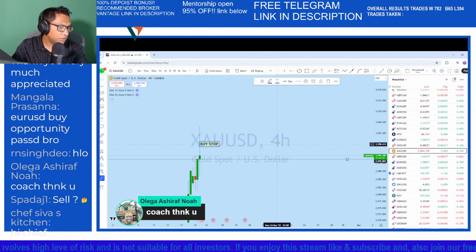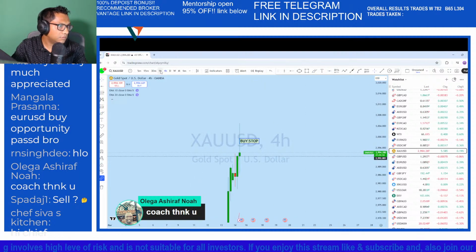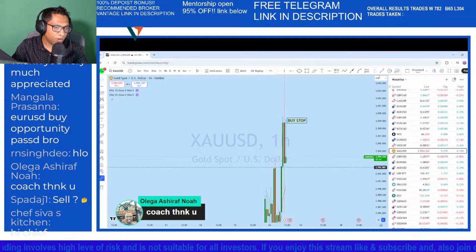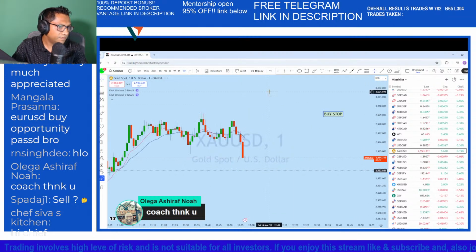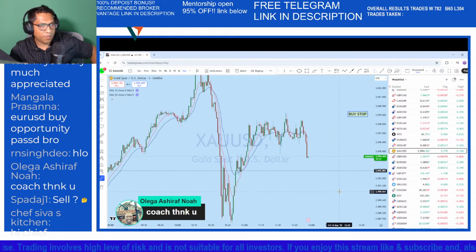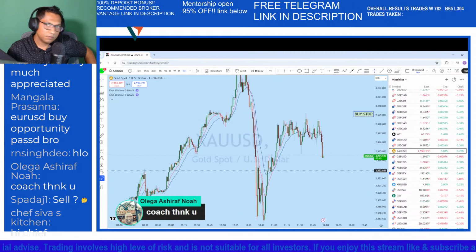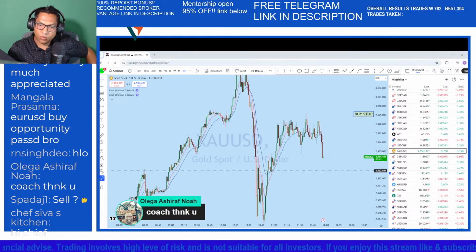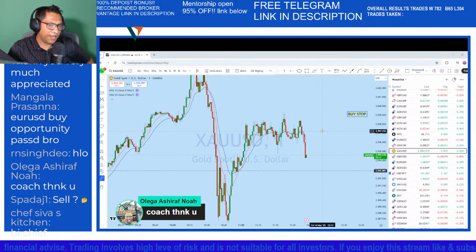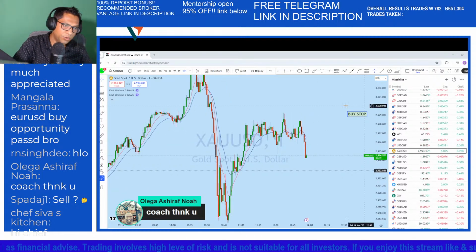Also the 1-hour support level. We'll see where it might be heading to, which is an important level.